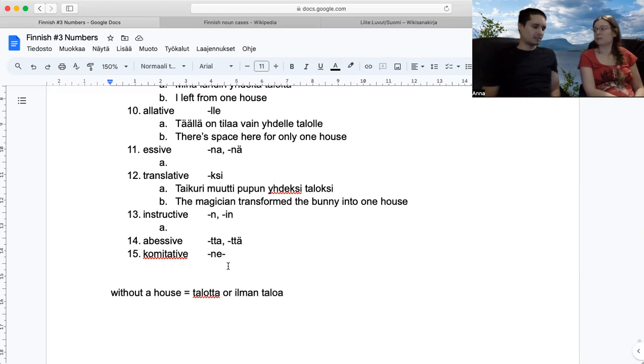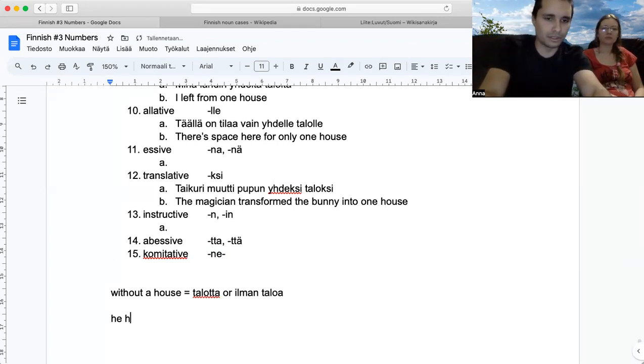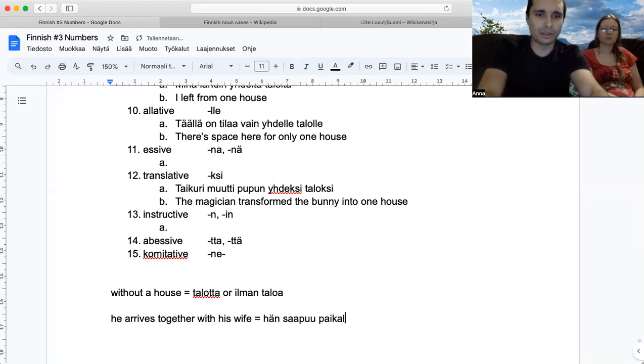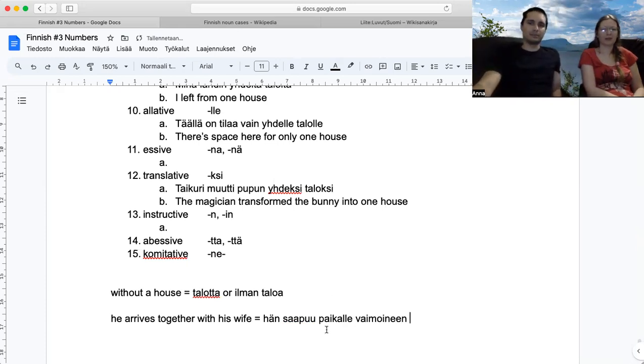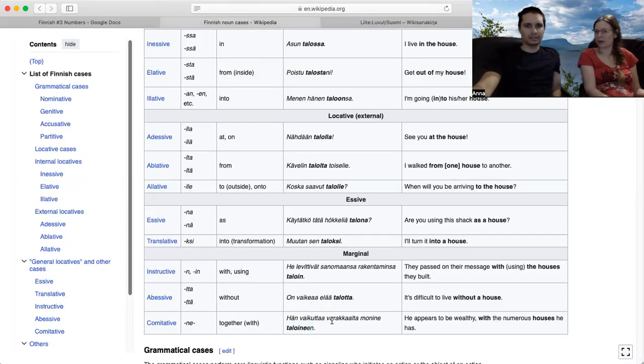He arrives with his wife. So he arrives together with his wife. Hän saapuu paikalle vaimoineen. It sounds to me like he arrives equipped with the wife.